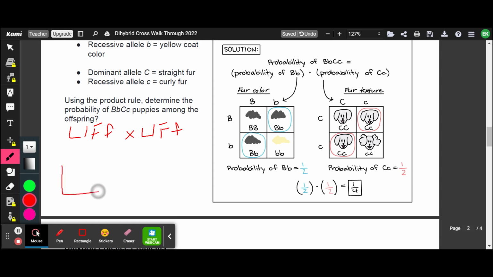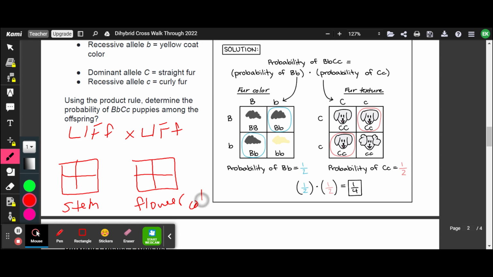So I'll do a monohybrid cross for just stem length, and I will do a monohybrid cross for the flower color. That means I'm only going to be using L's over here and F's over here. I'm not going to mix up my F's and my L's.